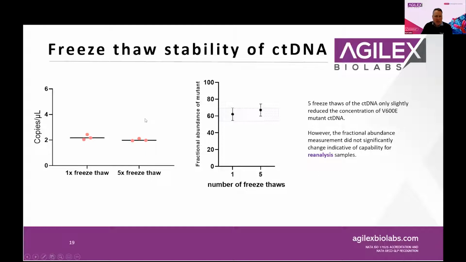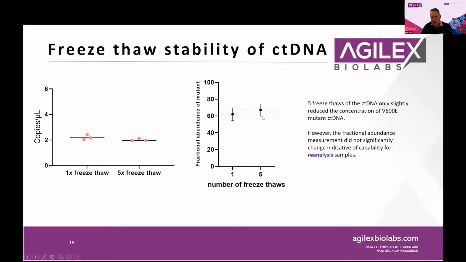And what you can immediately see, because we're doing the digital PCR where the reaction is taken to completion, and it's a binary fluorescence versus no fluorescence that the software is evaluating, is that you get a really good measure of fractional abundance, and this is the mutant only, between 1 and 5 freeze-thaws.